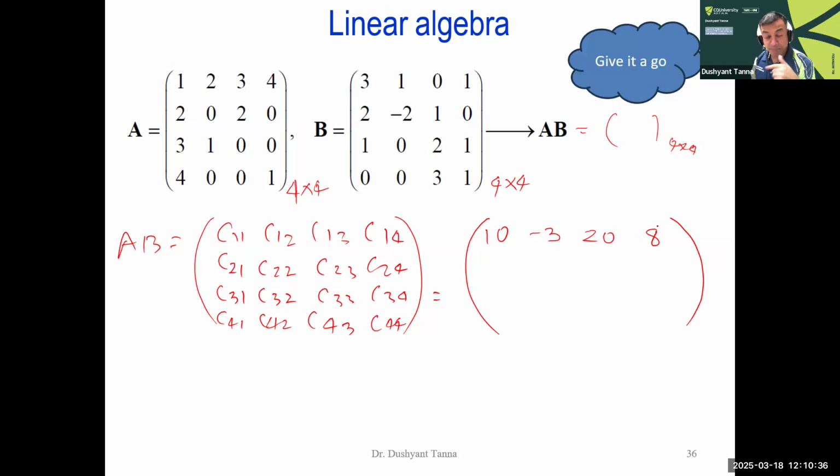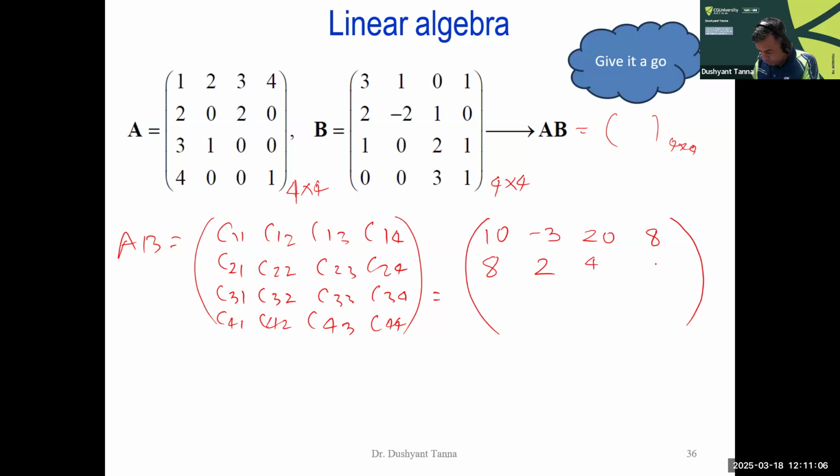Next, you can be quicker if you want. 2 with 3, that's 6, plus 0, plus 2, plus 0. So 6 plus 0 plus 2, that's 8. Okay, 2, and then everything is 0, 0, 0, that's 4, plus 0, 1, sorry, so that's 2, 0, 2, 0.